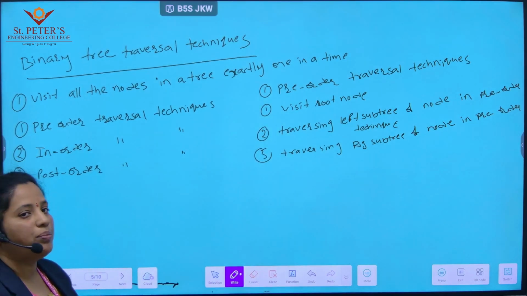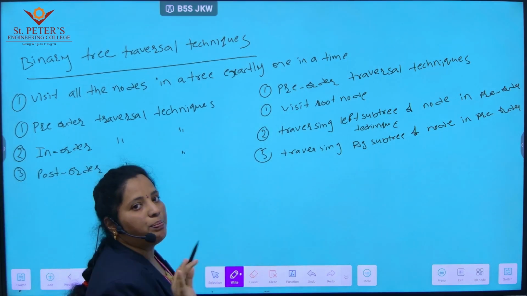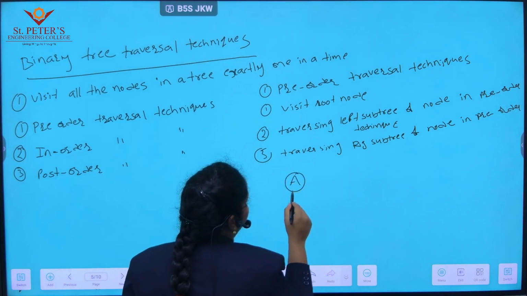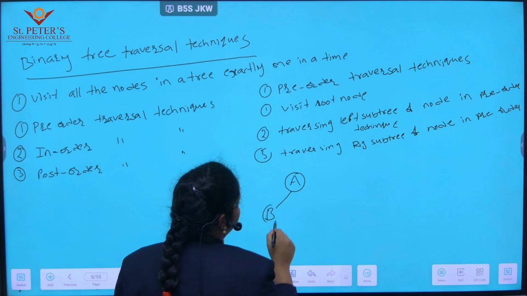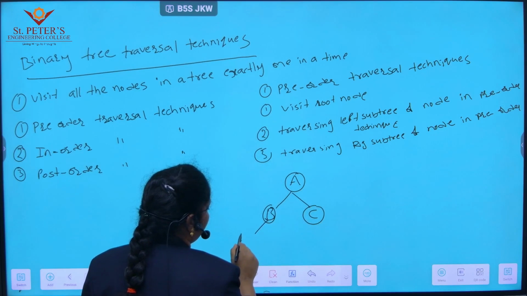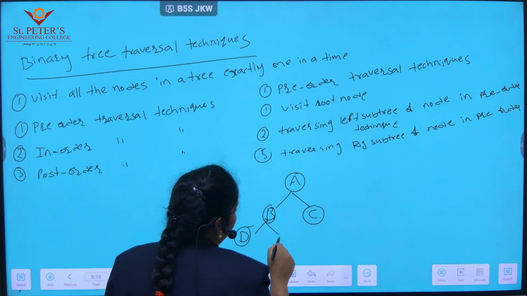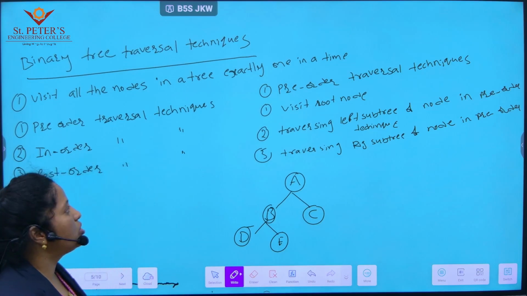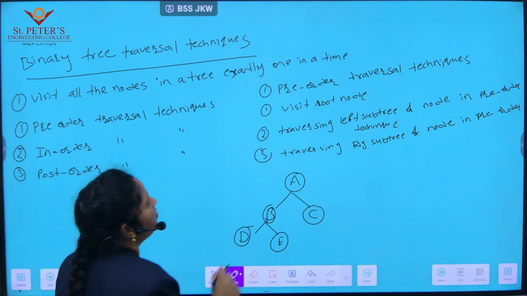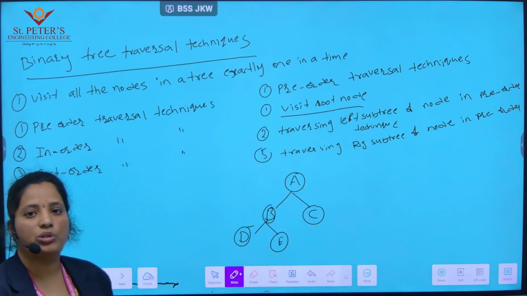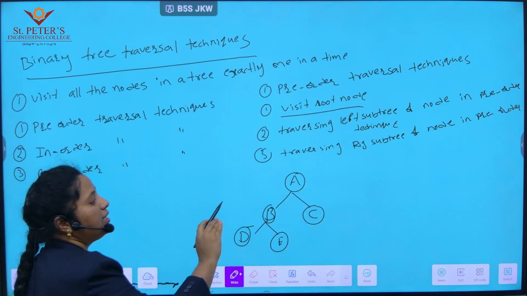So for example, here I am taking one simple tree diagram. So what is the first step here? Visit root node. First we have to visit the root node of the tree diagram.